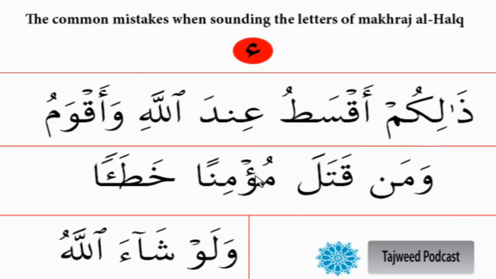Now the other mistake which a lot of people make is qalqala on the hamza, because it is one of the letters which is really hard to make with a sukoon. So if I say, for example, وَمَنْ قَتَلَ مُؤْمِنًا, this is wrong. Do not make that mistake by making qalqala. What do you need to do? Give it a little bit of time.